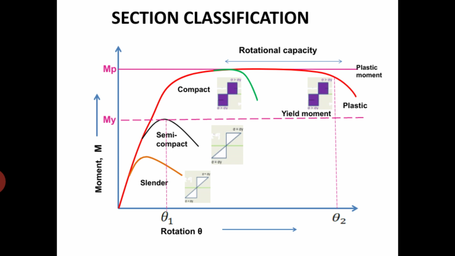The width to thickness ratios of the plate elements shall be less than that specified under class 3, that is semi-compact, but greater than that specified under class 2.